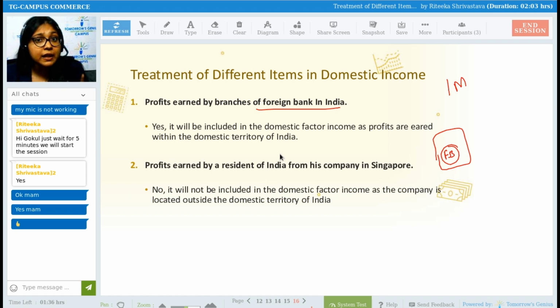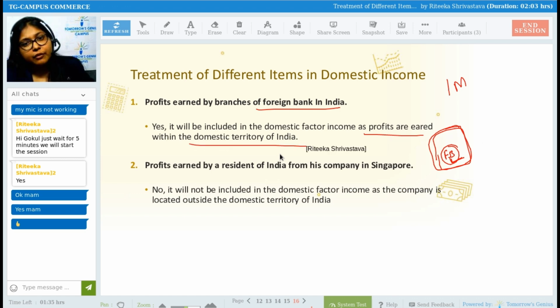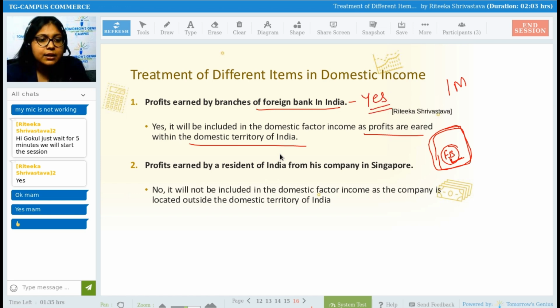Domestic income means each and every factor income earned within the domestic territory. So this branch of the foreign bank is within the domestic territory. So it will be part of domestic income, obviously. So yes, it will be included in the domestic factor income as profits are earned within the domestic territory of India. So here the answer would be, of course, yes.